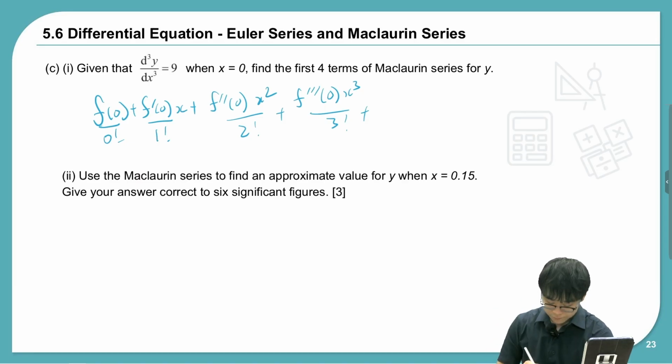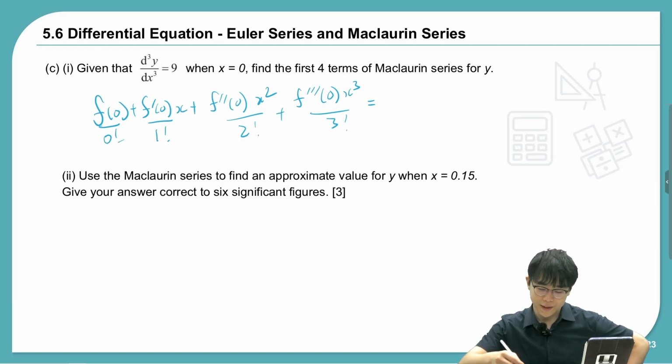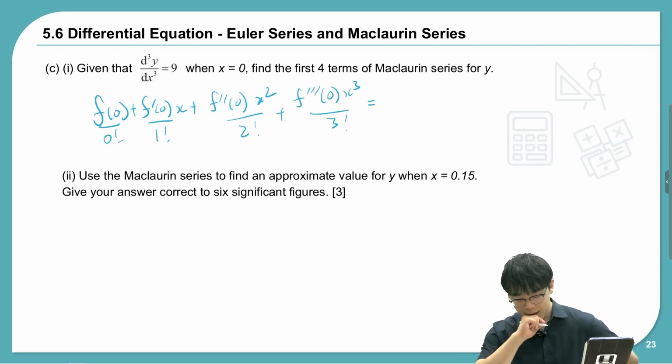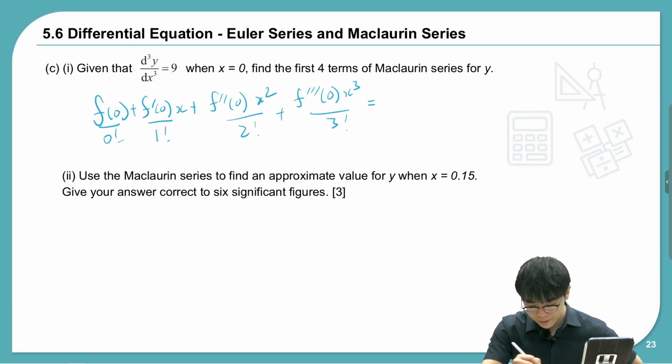If they want the first 4 terms, that's all we have to do. You could keep on going with the fourth derivative and x to the power 4, but this is all you need. And earlier we found out that when x is 0, y is 3, so we get 3.